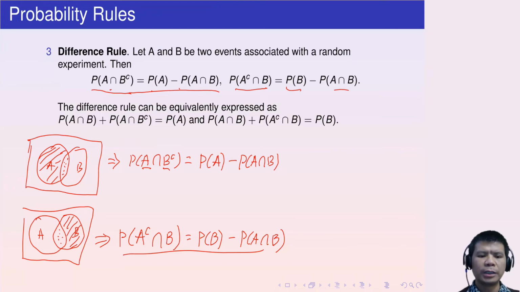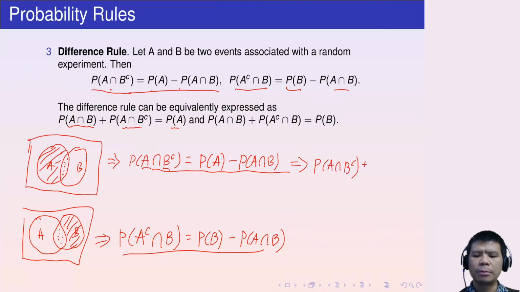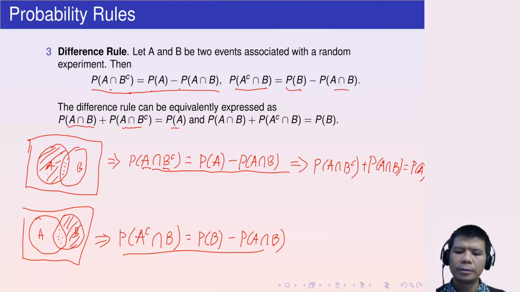If you add the probability of the intersection on both sides, you will get probability of A intersect B complement plus probability of A intersect B equals probability of A. So apparently, the shaded area and the dotted area, add them together, you got A, right?